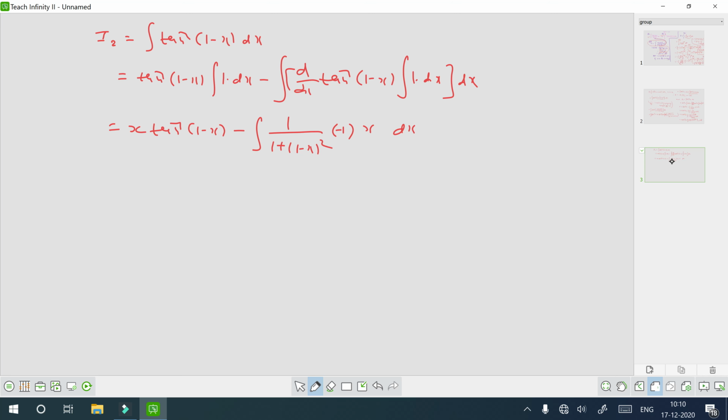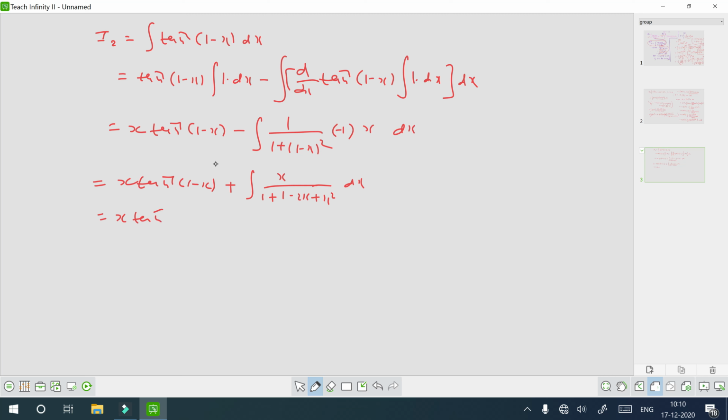So x tan inverse 1 minus x plus x over 1 plus 1 minus 2x plus x square into dx.